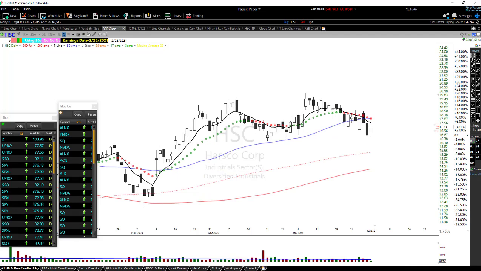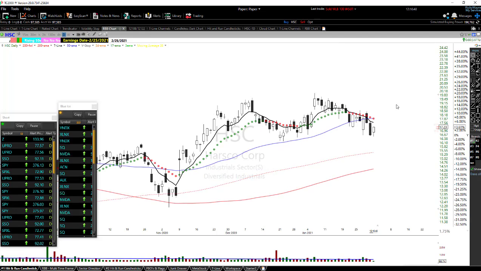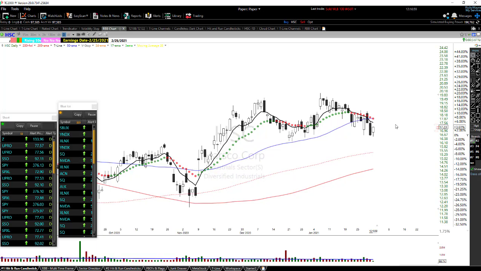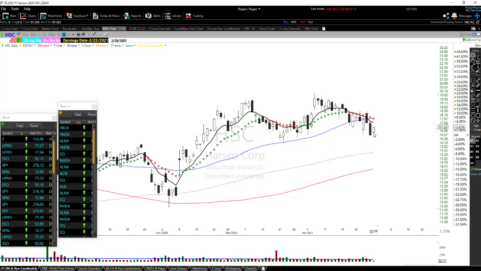Let's see. T-Line is wondering why it would show up on the scanner. It would show up on the scanner because it's between the 50 and the 200, and it's been in a trend. Maybe what you're asking is, today is showing a new daily high.